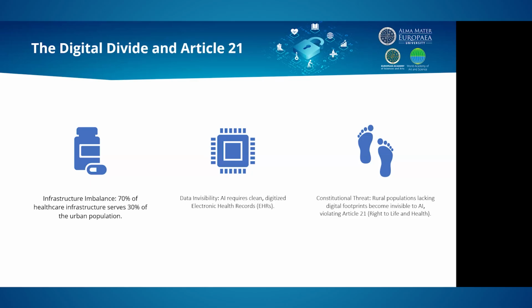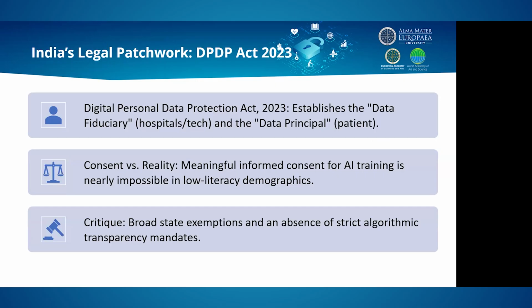They simply do not exist. As a constitutional lawyer, I look at Article 21 of our Constitution, the right to life, which implicitly guarantees a right to health as well. If AI only recognizes digitalized versions, it mechanizes inequality and directly violates the Constitution.